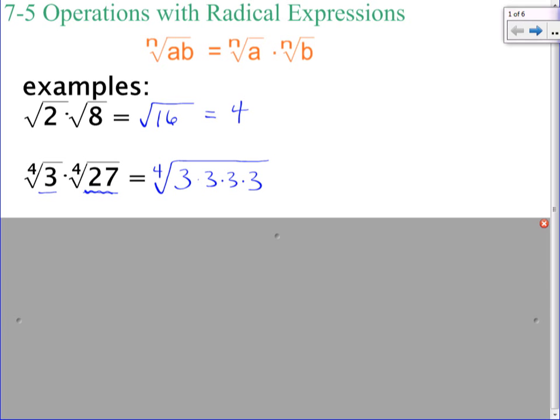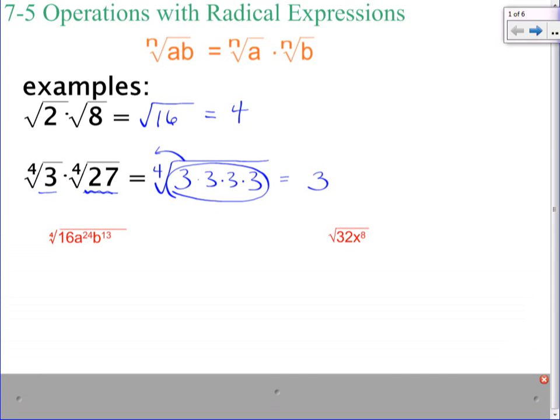When we're taking the fourth root of something, what are we looking for underneath? A group of 4. Okay, so we have a group of 4 that we can take out of the root, so then we get 3 for our answer with nothing left over. Okay, so this is just showing that you can put roots together or take them apart if it helps you to simplify them.